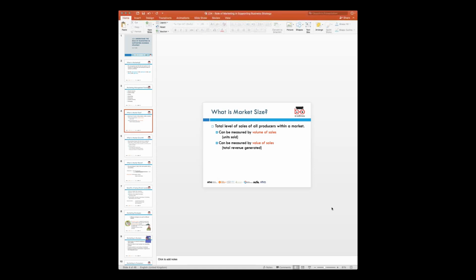Now, next slide, what I want to look at briefly is market growth. Now, market growth is nothing but a percentage change in the total size of the market, either in value or unit terms, over a period of time. So when we compare, sticking to the same example of the smartphone market, the sales in terms of either volume or units or value in 2017 versus 2016, that gives us the percentage growth which the market has seen.